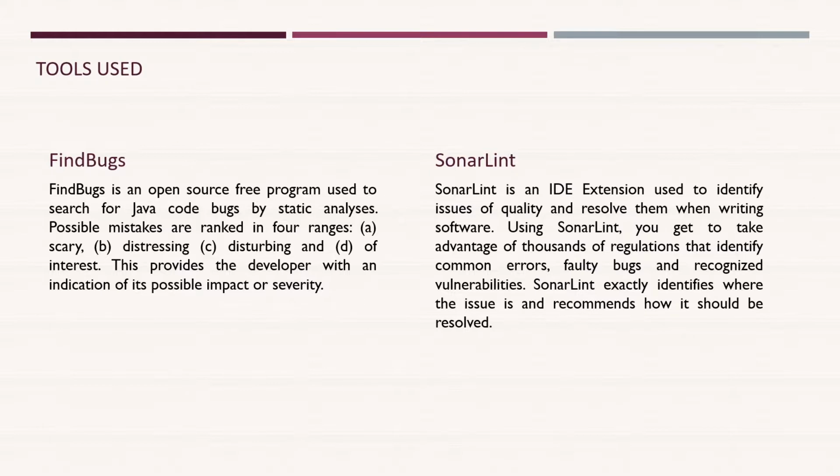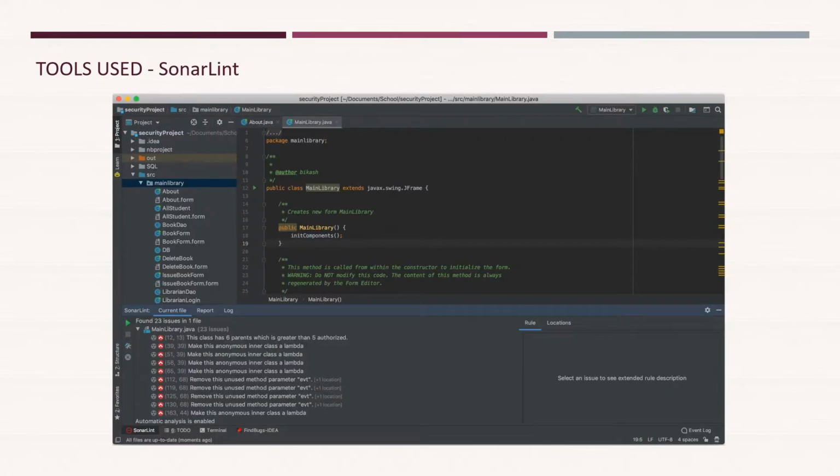SonarLint identifies where the issue is and recommends how it should be solved. Here is a screenshot of the vulnerabilities listed below in the IDE by SonarLint. On the first try of the automated analysis, it found 23 vulnerabilities, which were later addressed.